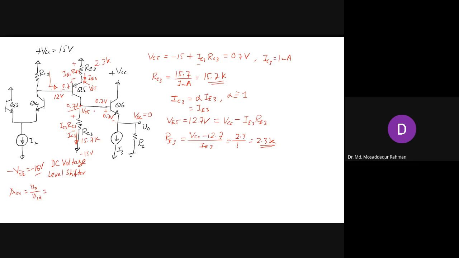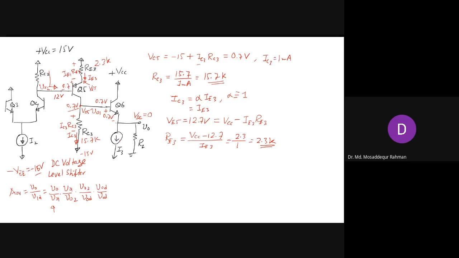Let's say this is V01 and this is V02. Then you can write V0 by V01, V01 by V02, V02 by VOD, and VOD by VID. So that's the overall gain.